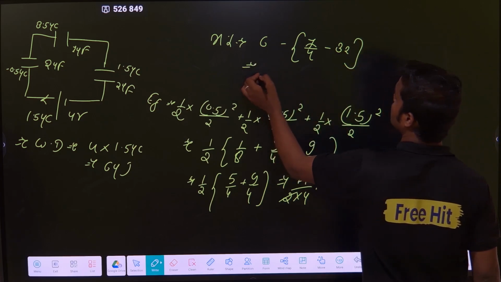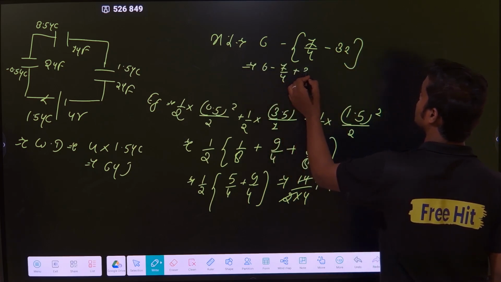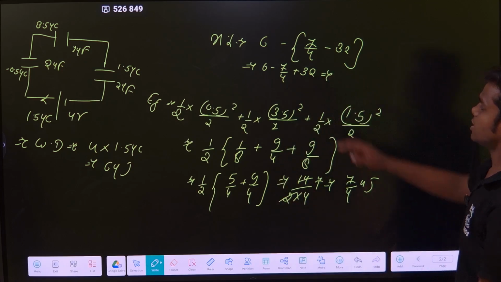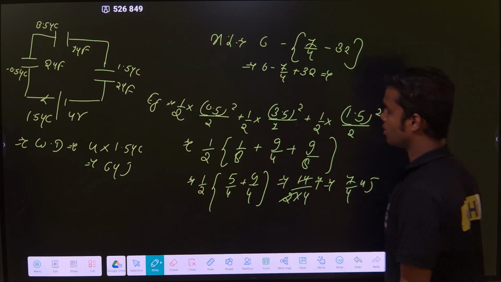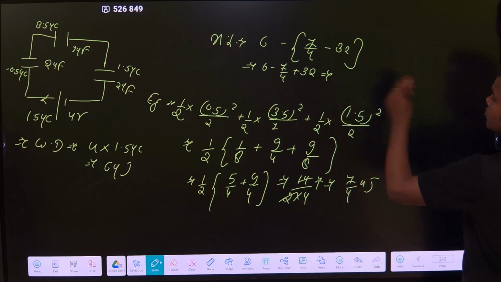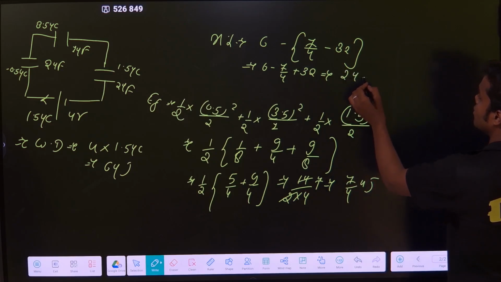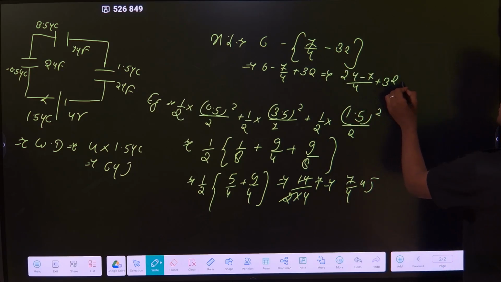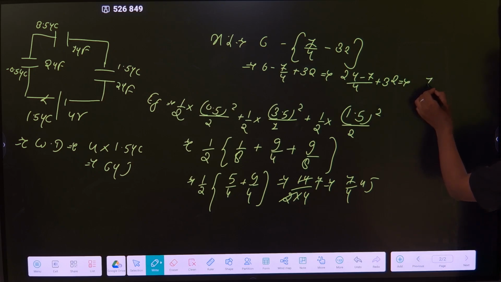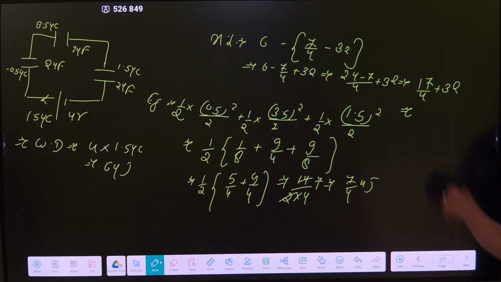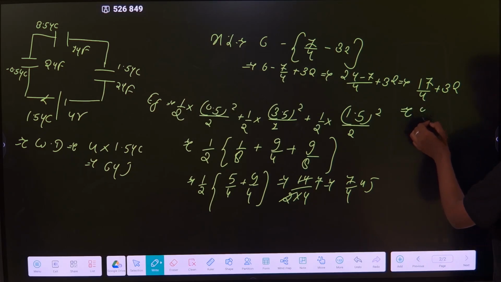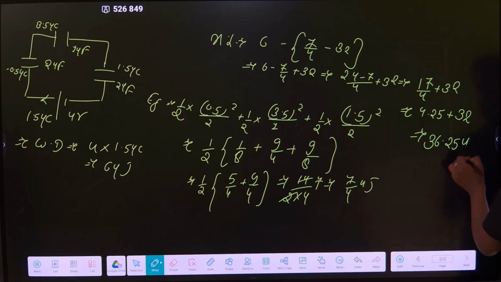Now you calculate how much you will get. 6 minus 7 by 4 plus 32. 6 minus 7 by 4, that is 24 minus 7 divided by 4, so 17 by 4 plus 32, which is almost equal to 36.25 microjoule.